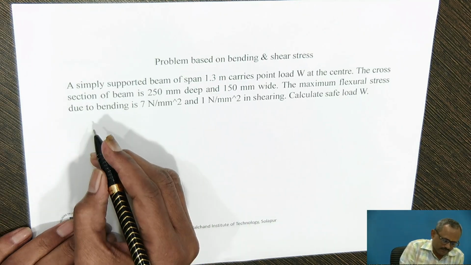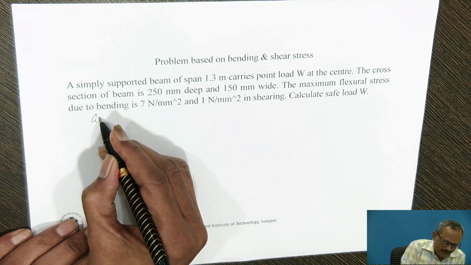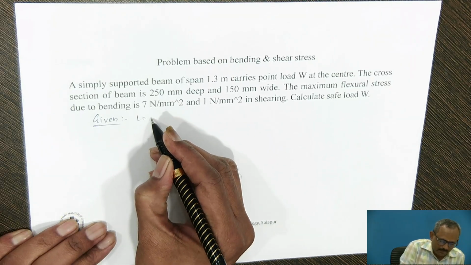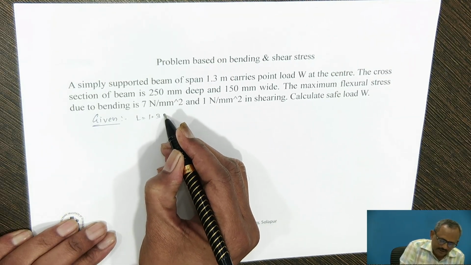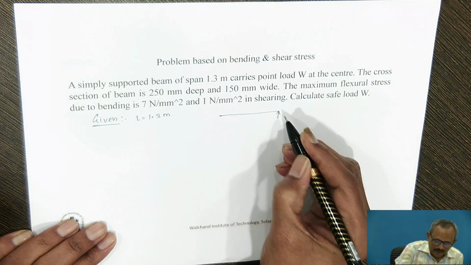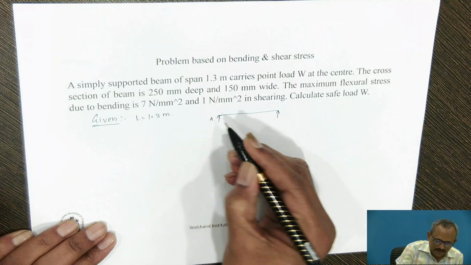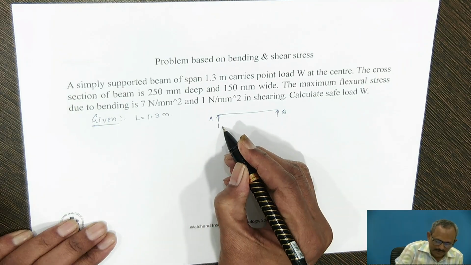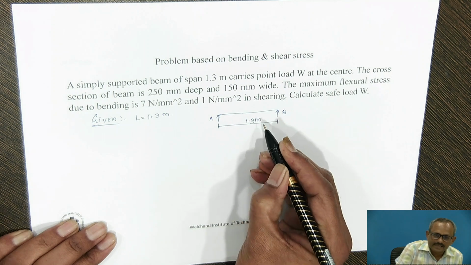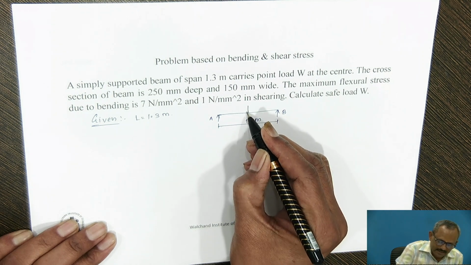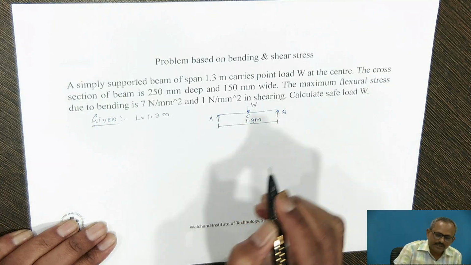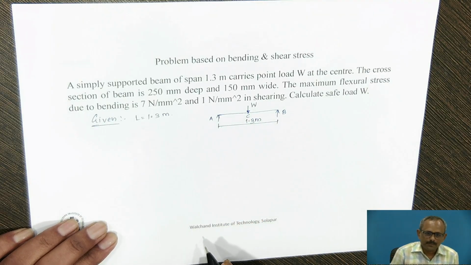So, first of all, we will take the given data from the statement. The length of the span of the beam is 1.3 meter, and it is a simply supported beam AB of length 1.3 meter, and it carries a point load at the center of the beam and the magnitude is W Newton.